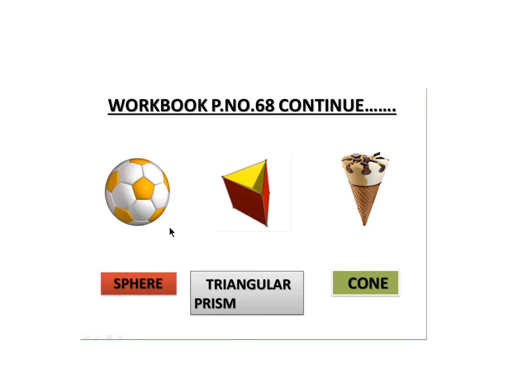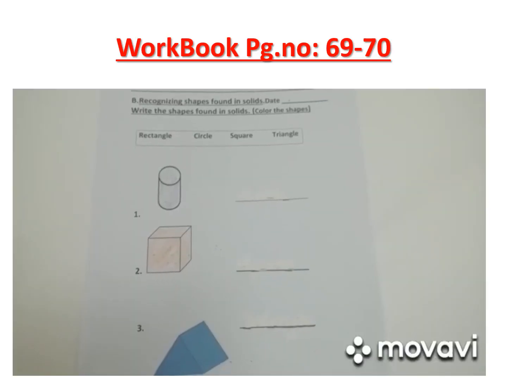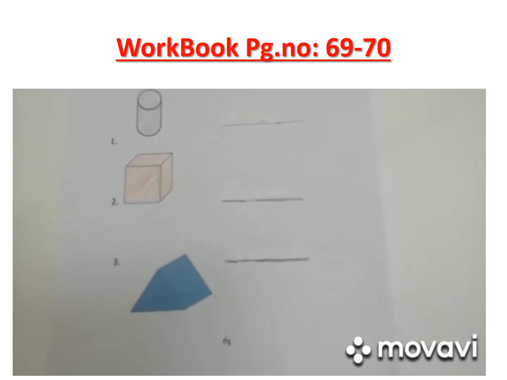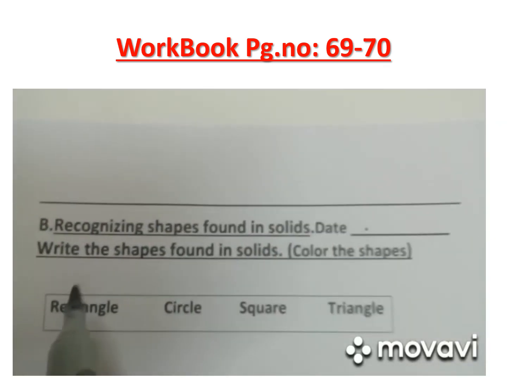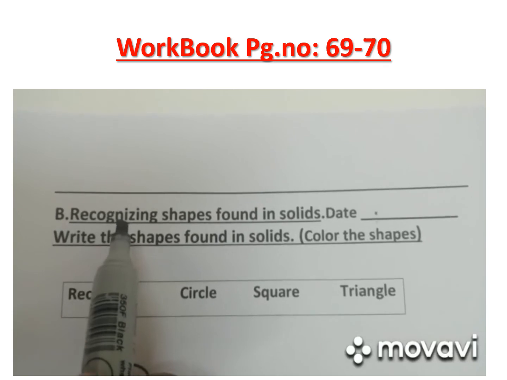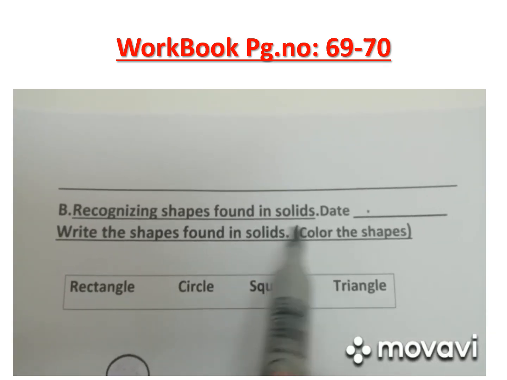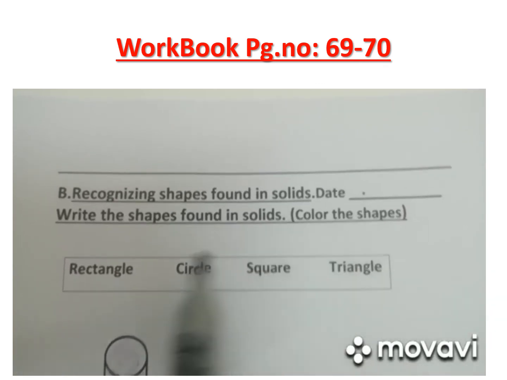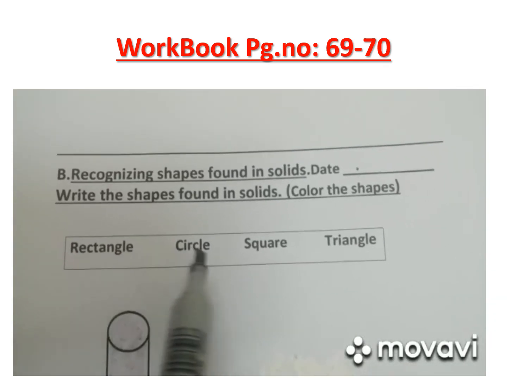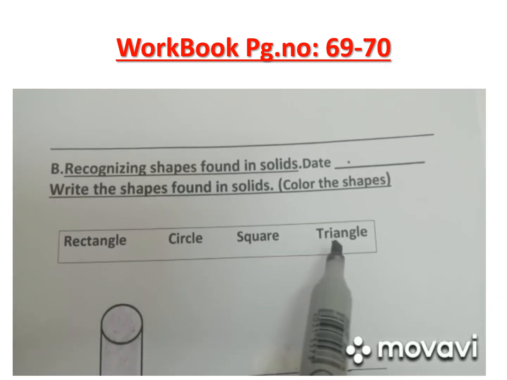Page number 69. So now you will turn to page number 69. This is part B, recognizing shapes found in solids. Write the shapes found in solids and color the shapes. See, these are rectangle, circle, square, and triangle.